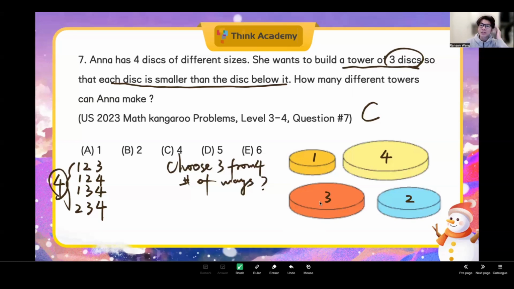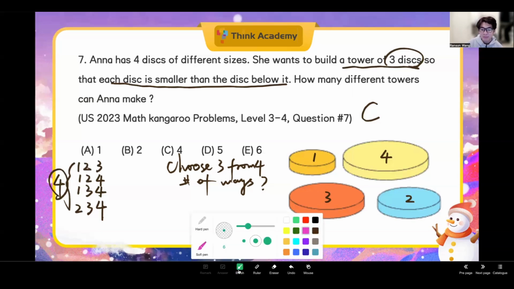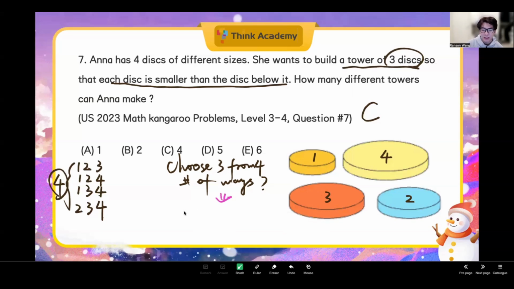But for this question, we actually have an easy way. Since you want to choose three from four, you can convert this into excluding one at a time from those four. You can exclude one, or two, or three, or four. That's four different ways to exclude.